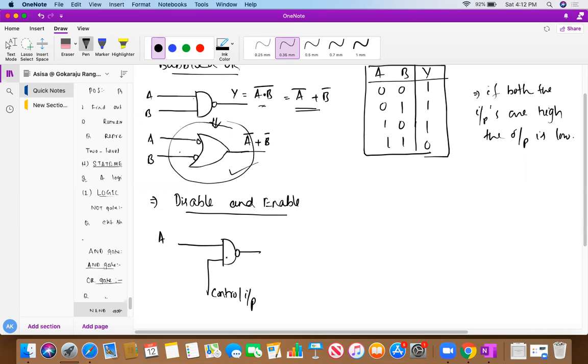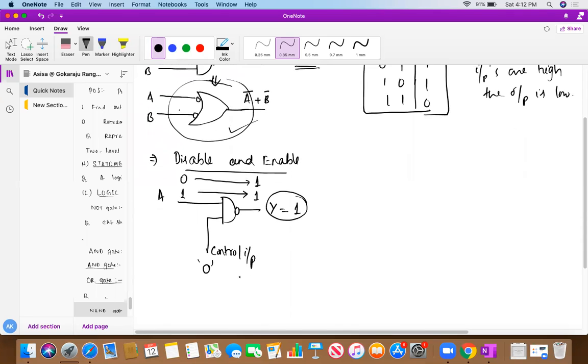Let's say my control input is now 0. A will be either 0 or 1. So 0 and 0 gives 1 at the output, and 1 and 0 again gives 1. So what is the output? The output is always fixed to 1.